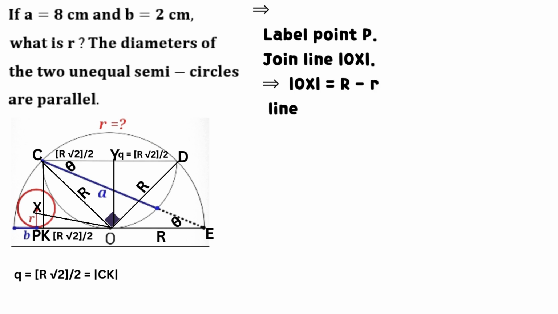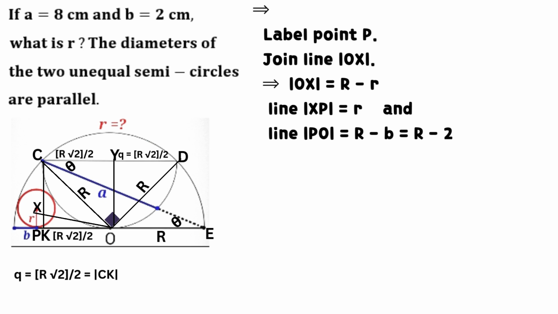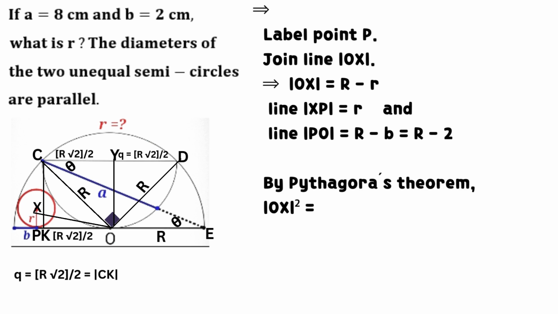Label point P. Join line OX. It implies that line OX equals R minus small r, line XP equals small r, and line PO equals R minus Q, which equals R minus 2. By Pythagoras' theorem, the square of line OX equals the sum of the square of line XP and the square of line PO.